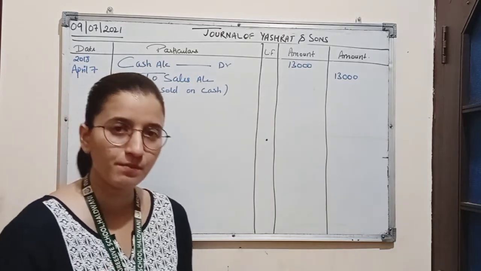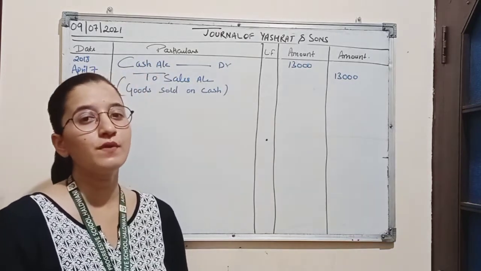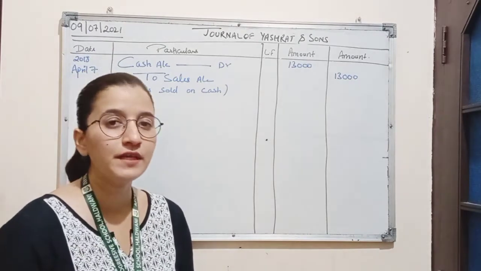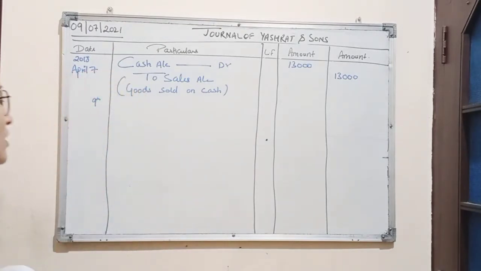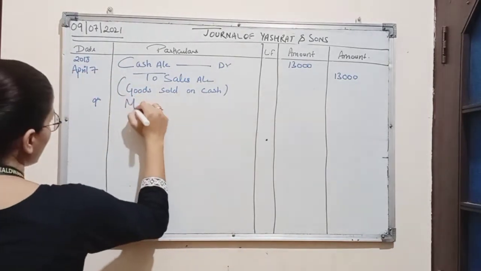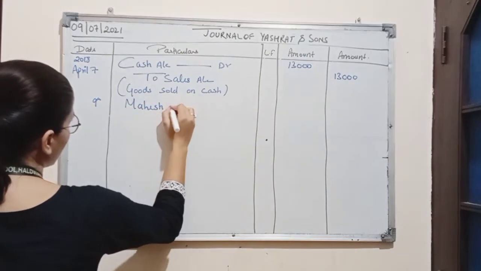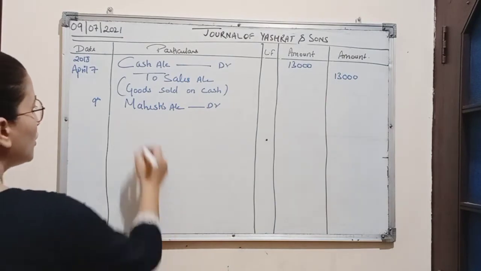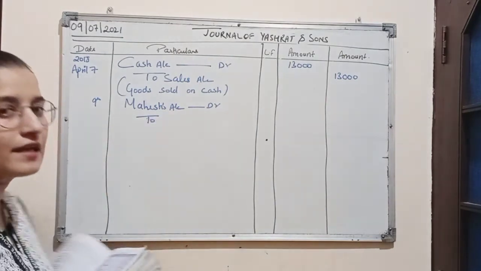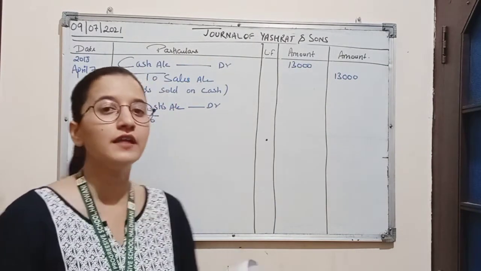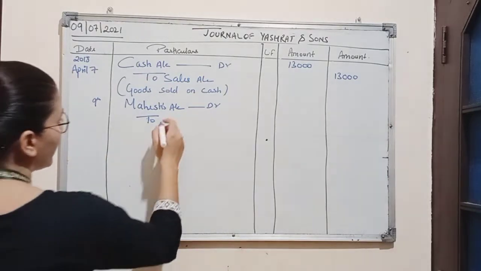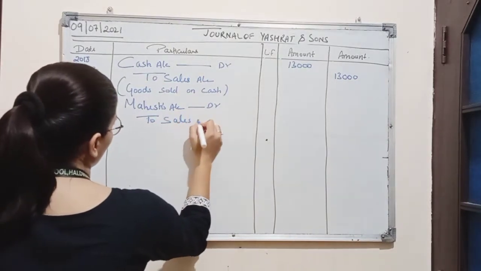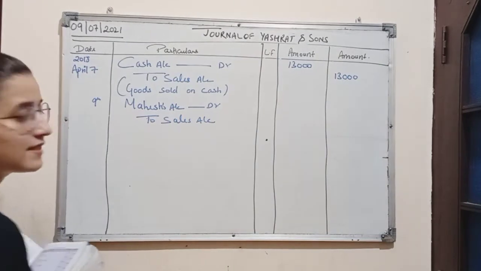Goods have been sold to Mahesh, so Mahesh is receiving the goods. Mahesh is a personal account, and rule for personal account is debit the receiver, credit the giver. So here receiver of goods is Mahesh. We will debit Mahesh account. Mahesh account debit. To again there is a sale. Sale is considered as income. Income is always credited according to nominal account rule. So here we will be crediting sales account.